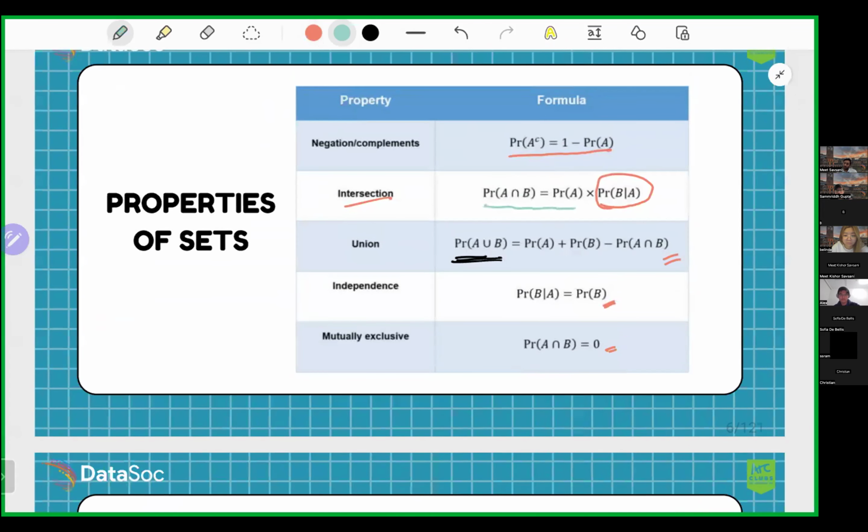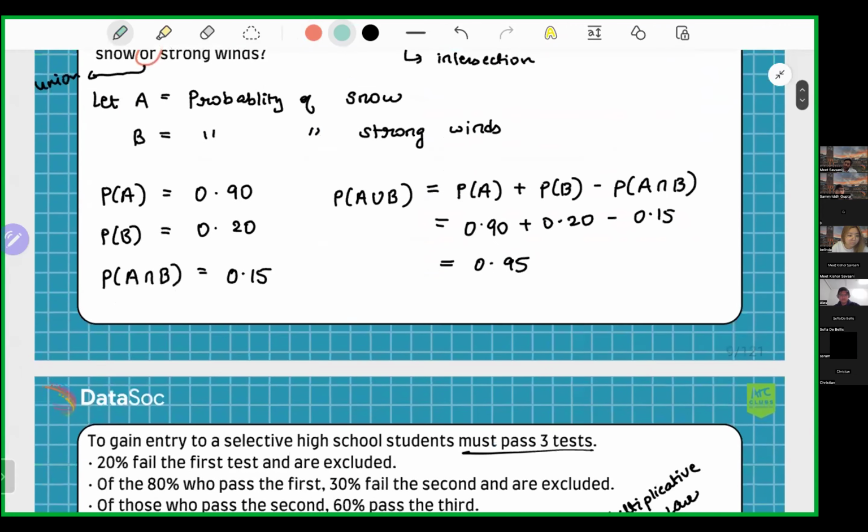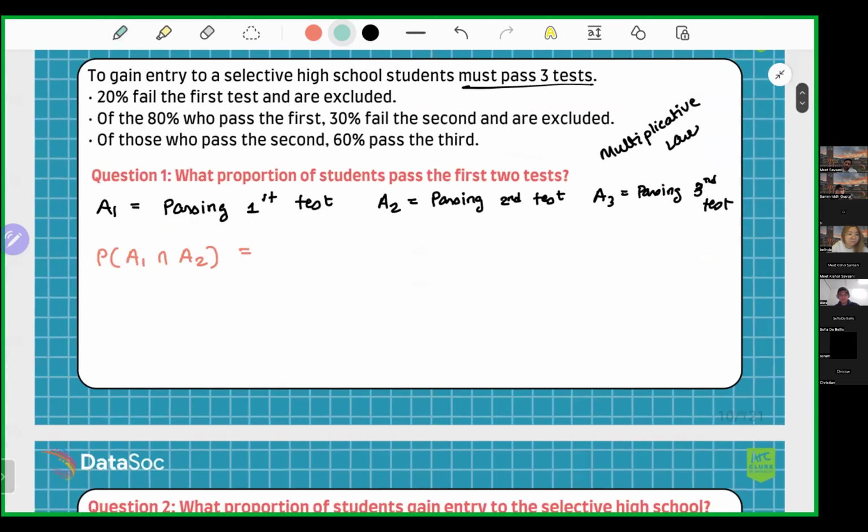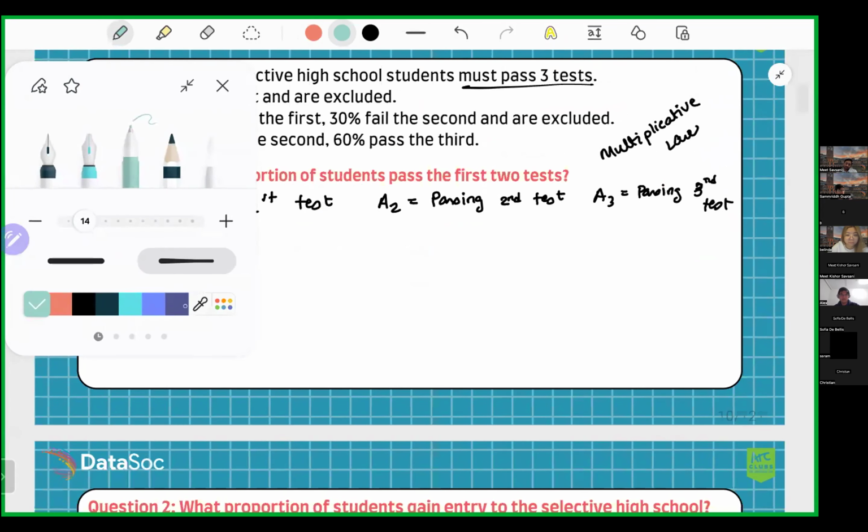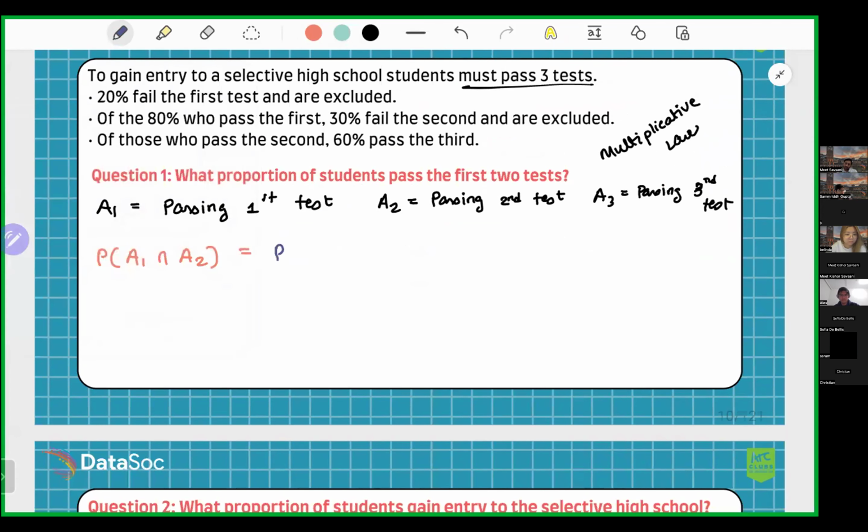Probability of A intersection B is equal to probability of A into probability of B given A. Probability of A2 given A1 into probability of A1.